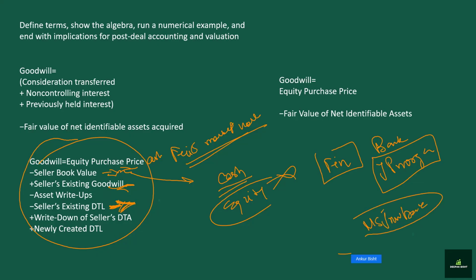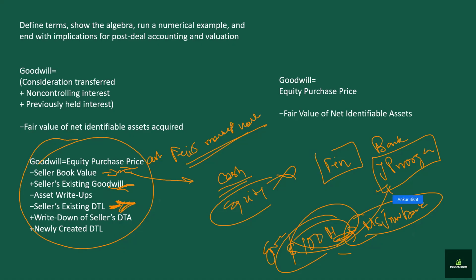If they have $100 million of goodwill on their balance sheet, then when I acquire this, it will be a plus point for me also. So if I have a goodwill of 150 and I acquire this company and get a goodwill of 100 along with it, I will add it back into my balance sheet. Then we will subtract the asset write-up.